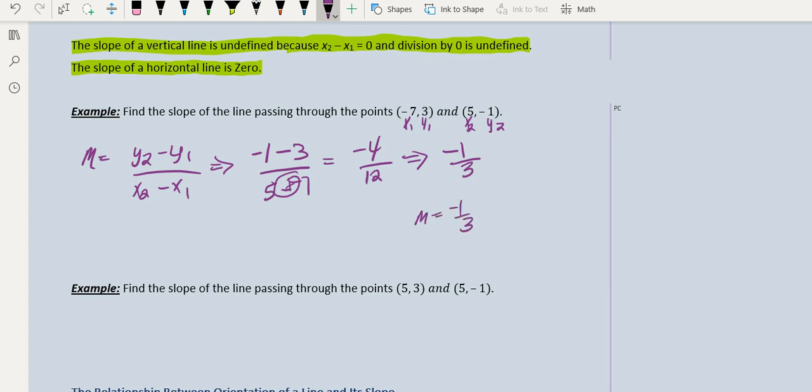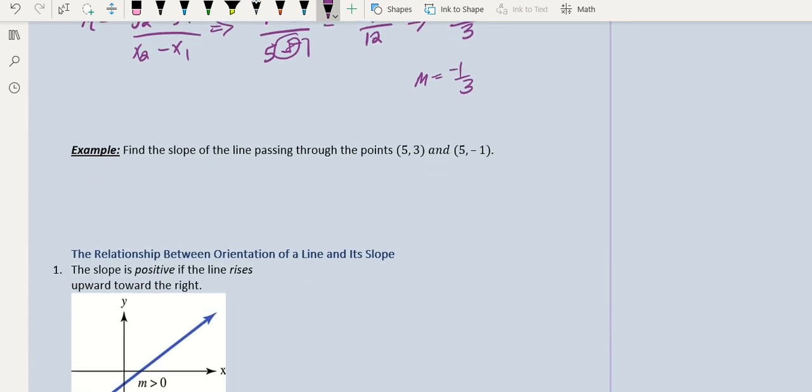If we try it one more time, just for clarification, I label my points: x1, y1, x2, y2. We plug it into our formula, y2 minus y1 over x2 minus x1. This should be -1 minus 3 again. I guess I've selected the same numbers. And then this should be 5 minus 5.